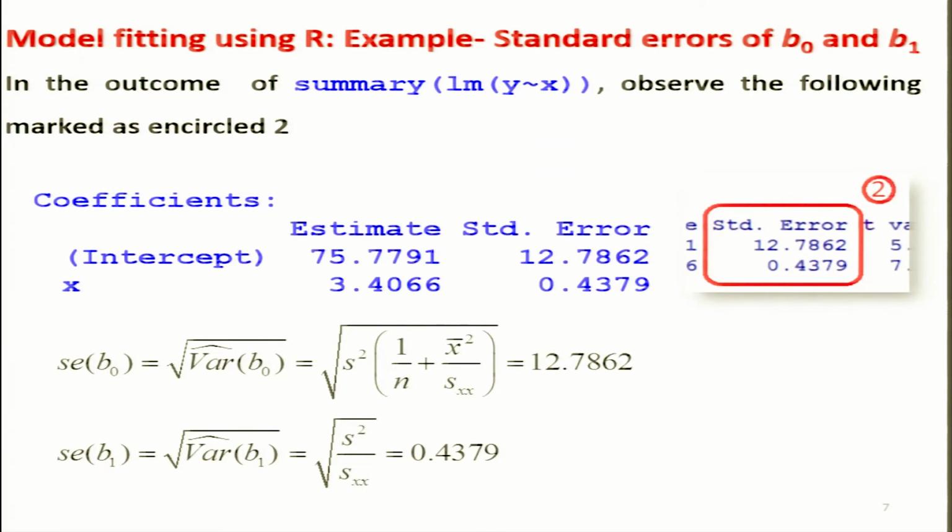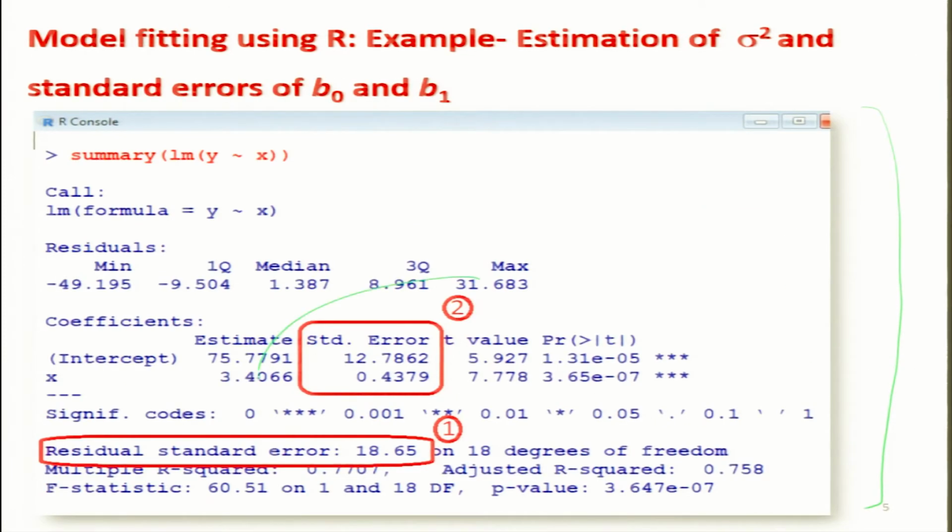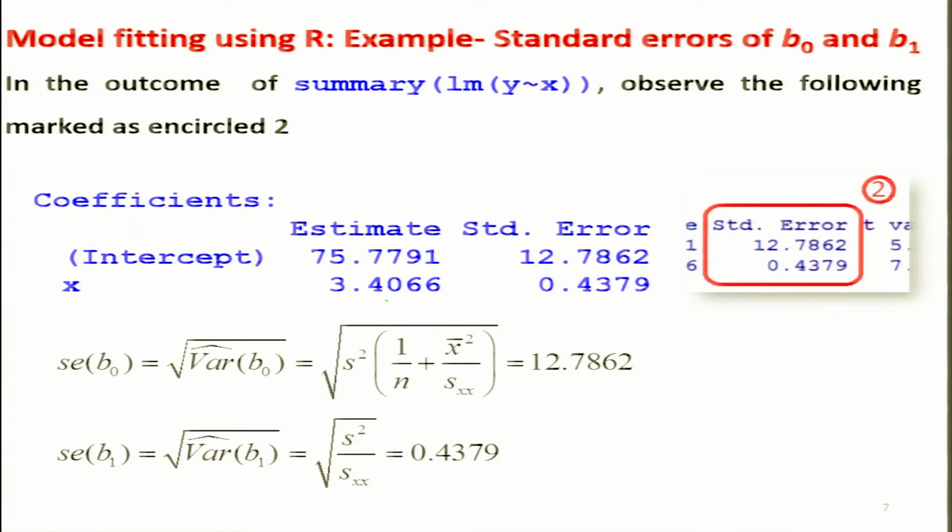Similarly, if you come to the second snapshot, which you can see here, I am just copying and pasting it here. So, these are the estimates. This is the value of B0, this is the value of B1, and these are the standard error of B0 and the standard error of B1. How have they been obtained?